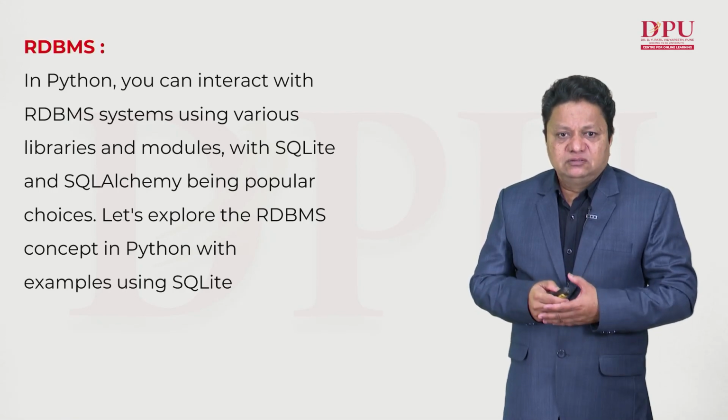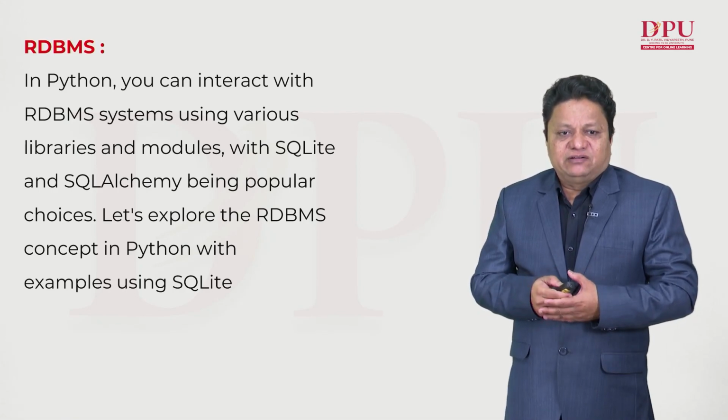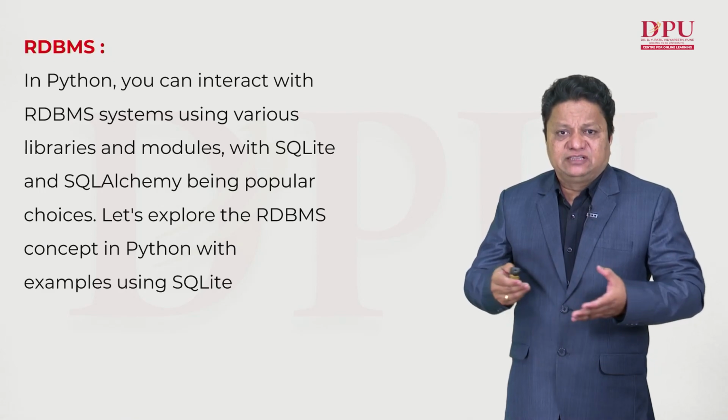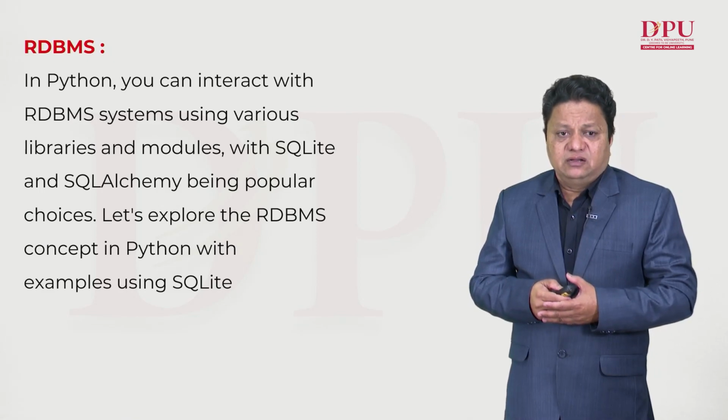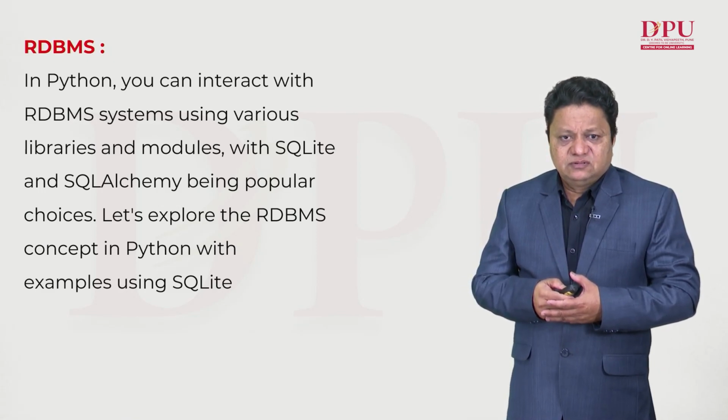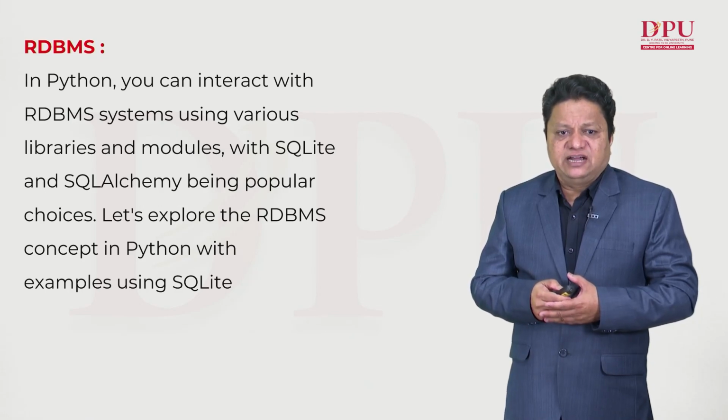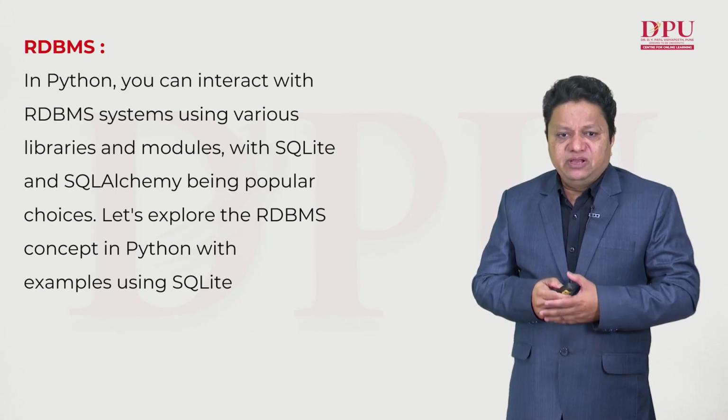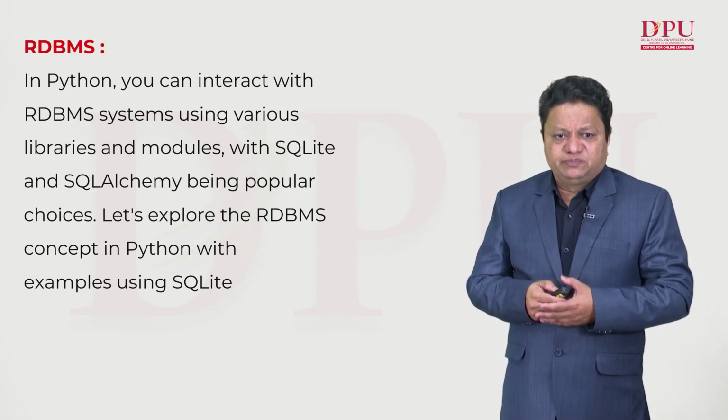So, in Python we can interact with RDBMS systems using various libraries and modules such as SQLite and SQLAlchemy being the popular choices. These are the RDBMS which we can use with Python.